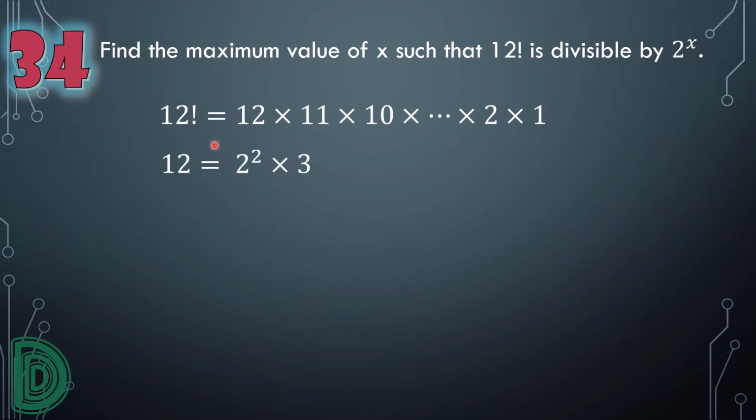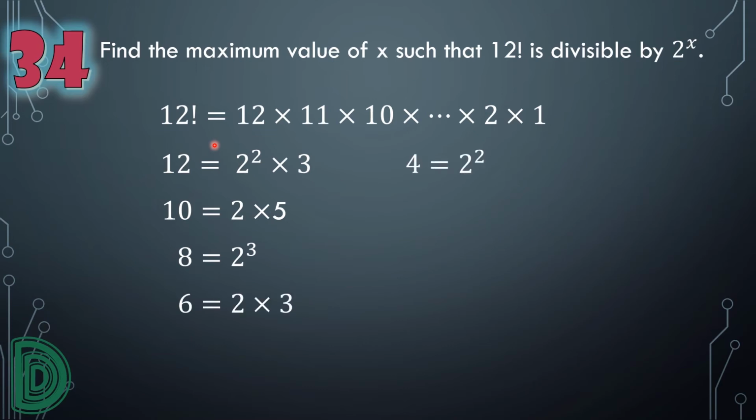From 12, we have 2 squared times 3. 11 has no factor that is a power of 2. 10 is 2 times 5. 8 is 2 cubed. 6 is 2 times 3. 4 is 2 squared. 2 is 2 times 1.